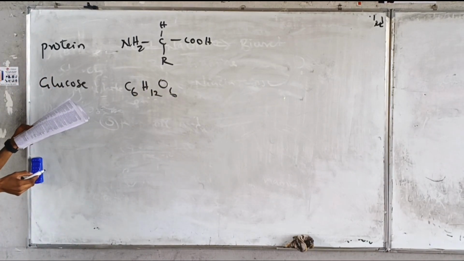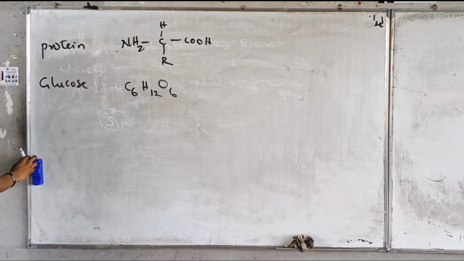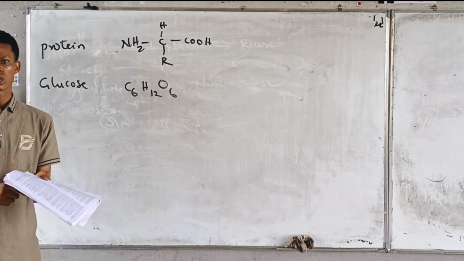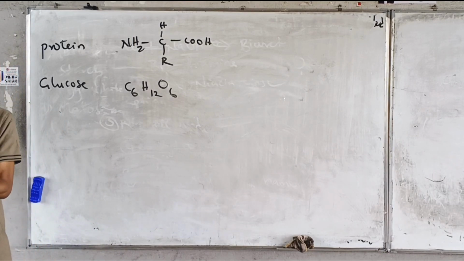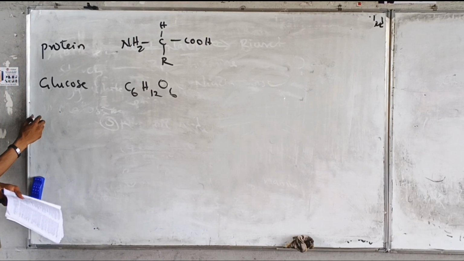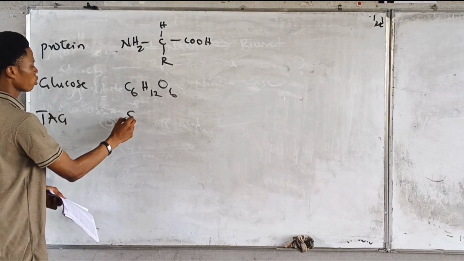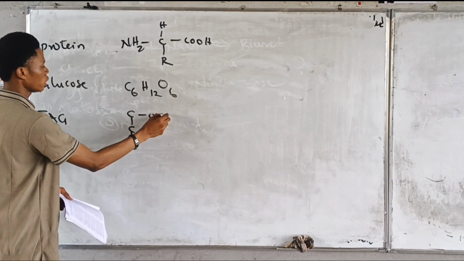The next one, lipid. Lipid, we can take which one? Glycerol is not lipid, though it's actually a derived lipid. But glycerol plus fatty acid can give us that. If you are drawing, let's say, triacylglycerol, it is like this.